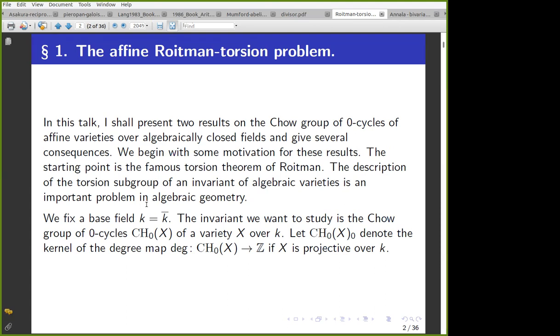So we fix a base field K, which is going to be algebraically closed. And the invariant we want to study is the Chow group of zero cycles.